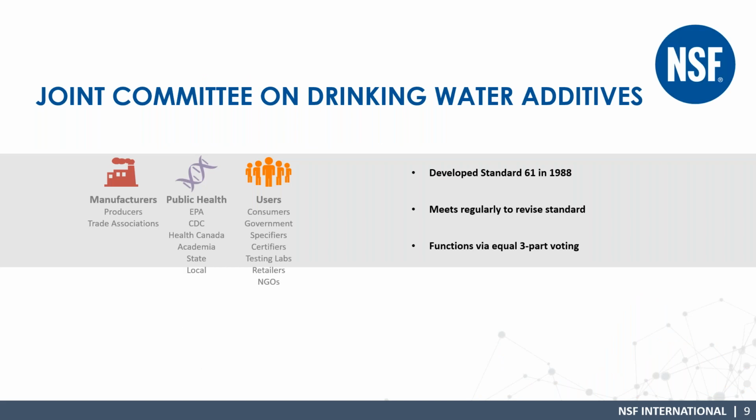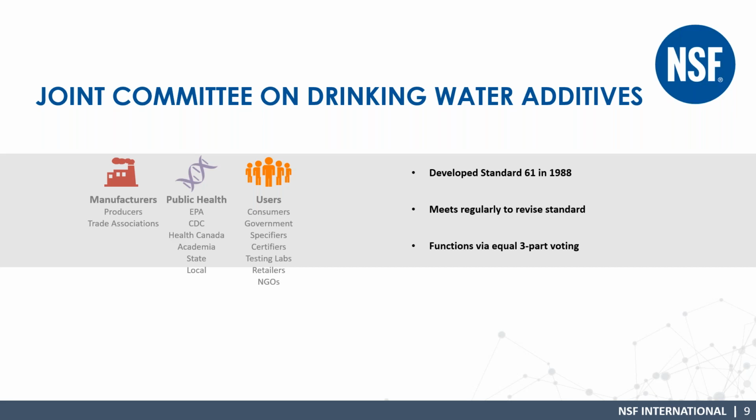Standard 61 is overseen by the Joint Committee on Drinking Water Additives. This is a committee that is comprised of 3 equal parts: manufacturers, public health representatives, and users. This committee originally developed the standard in 1988, and they continue to meet regularly to revise and propose modifications to the standard to keep it up to date with the current state of the industry and the current state of science. And the Joint Committee, as I mentioned, functions via equal 3-part voting.